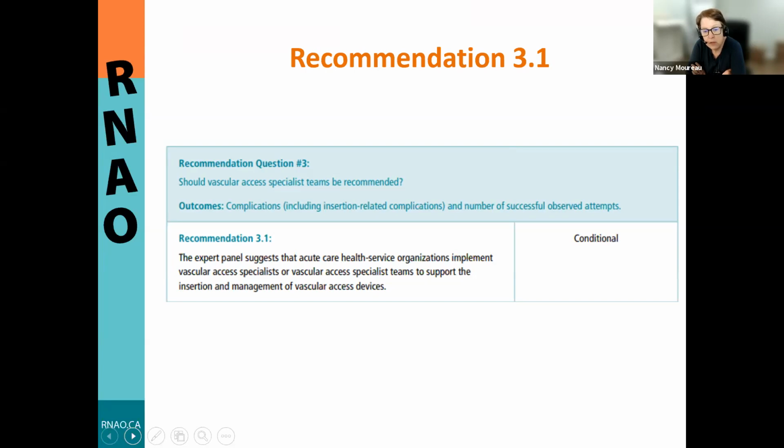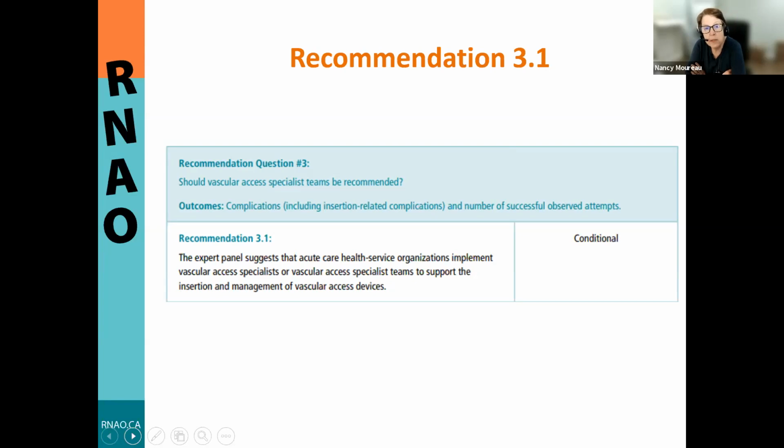These teams include intravenous therapy teams and individual vascular access specialists that may be interdisciplinary and may include nurses, physicians, respiratory therapists, laboratory technicians, radiological technologists, physician's assistants, and nurse practitioners. All of these may be part of any specialist team.